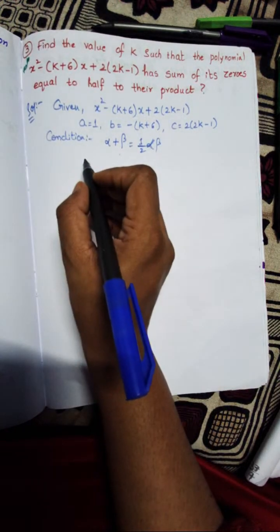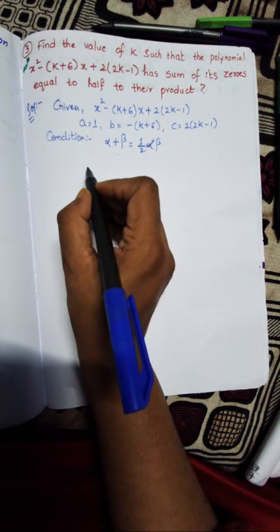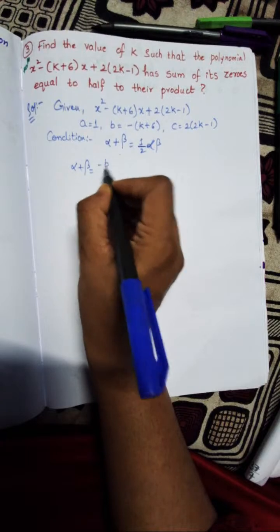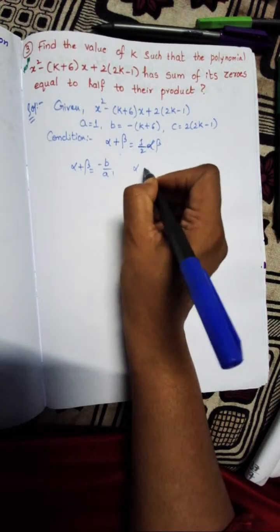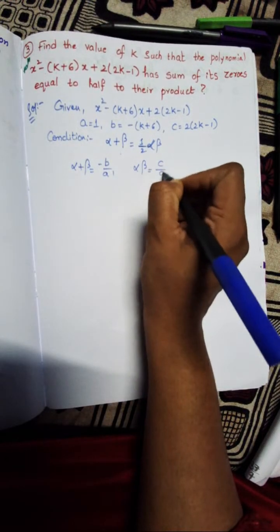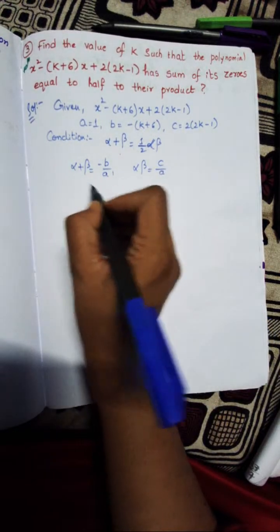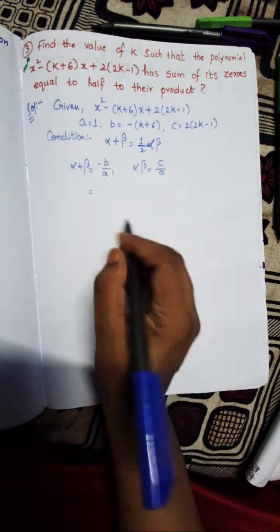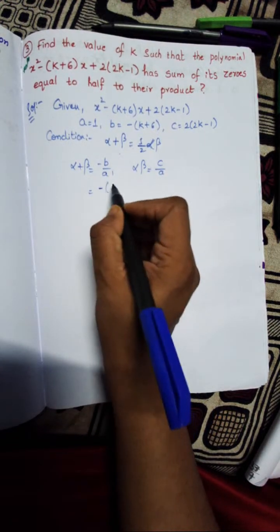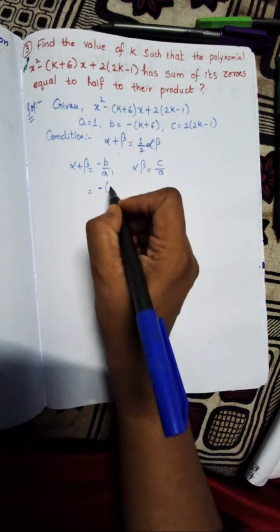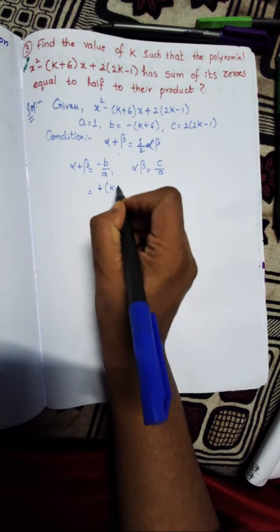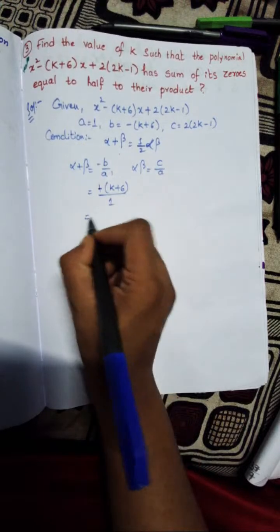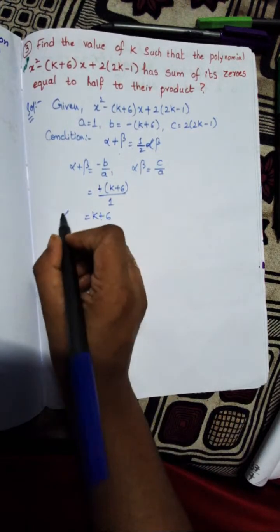So now alpha plus beta is what, children? Sum of zeros is minus b by a, and product is c by a. So alpha plus beta equal to minus b by a, that is minus of minus (k plus 6), which is k plus 6, by a, which is 1 here. So k plus 6 is alpha plus beta.